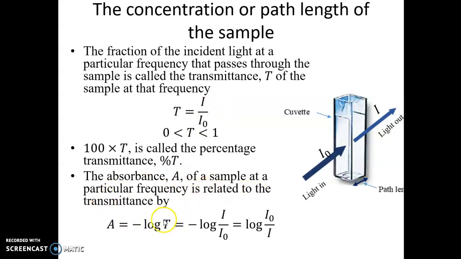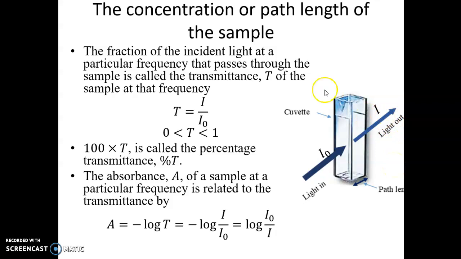It's frequency dependent. So the amount of light that passes at a certain frequency is different from the amount of light that passes through at another frequency. And this is also dependent on the energy level.